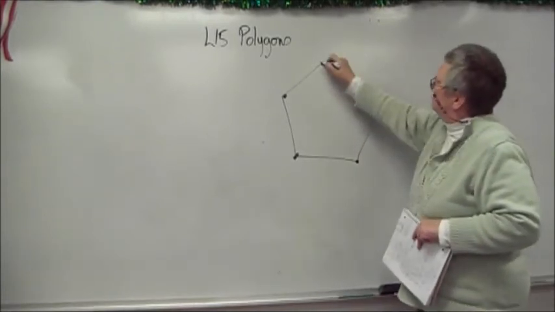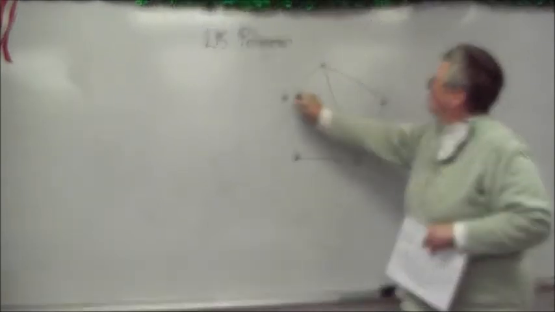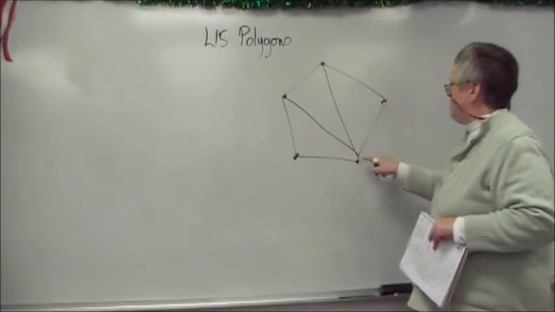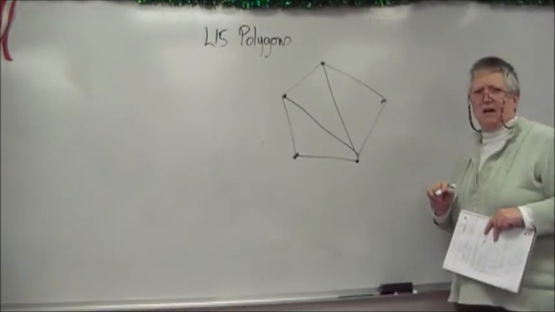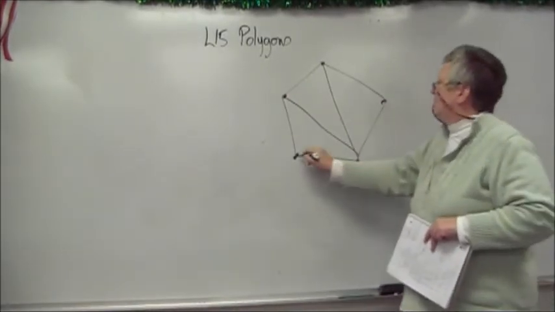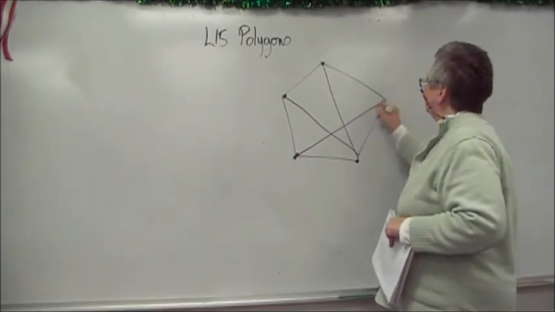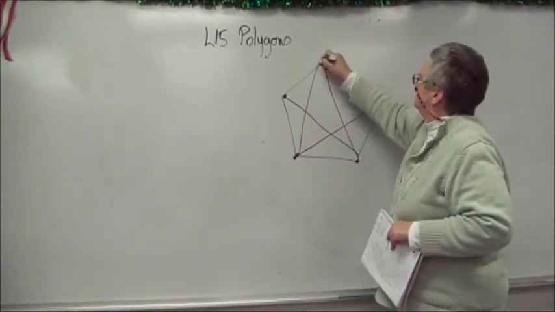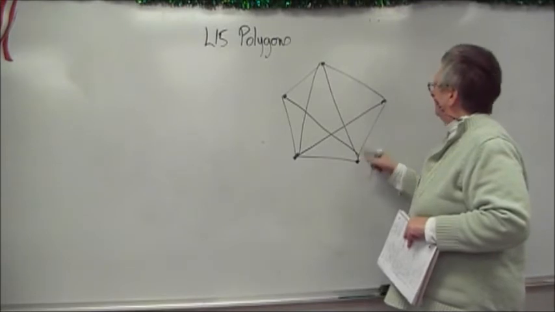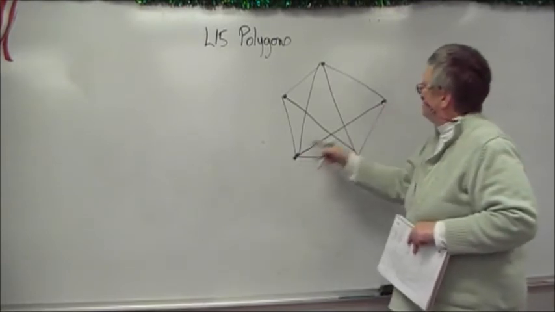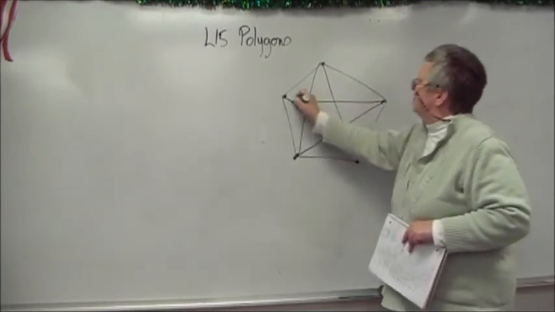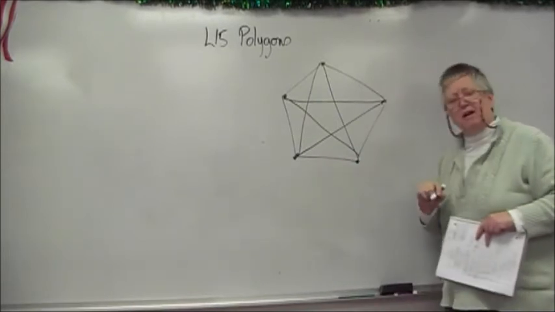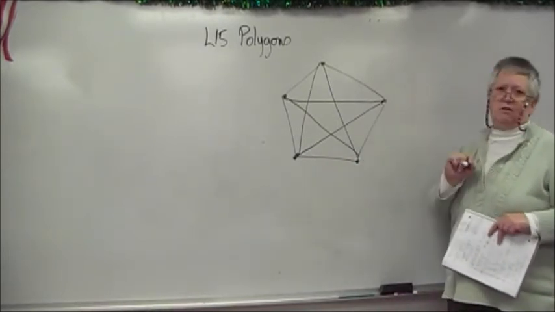So here we have a diagonal that goes to there and a diagonal goes to there. So from this point here, you have 2 diagonals. Come over here, if we draw from this one, there's a diagonal and there's a diagonal. Okay, then from this point, we already got this one, but we can go across over there. And in a pentagon, when you do the diagonals, you do get a star inside.